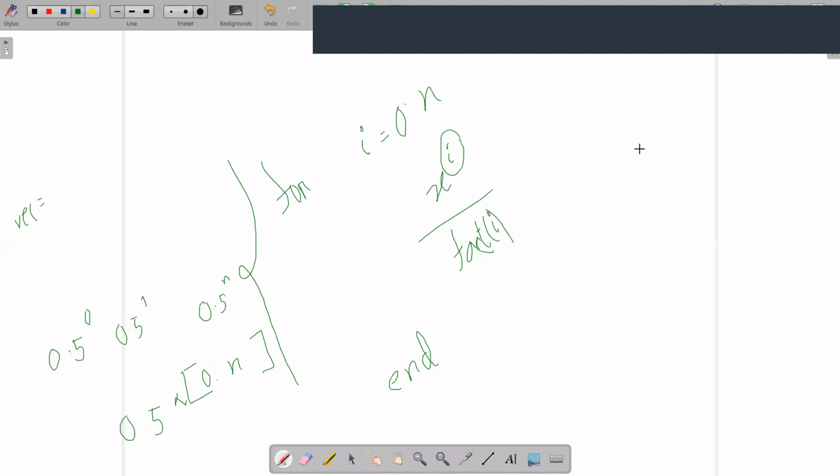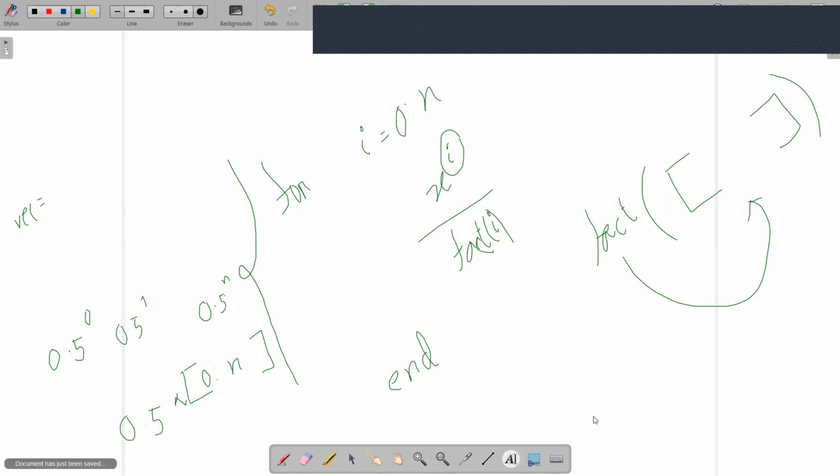Instead of performing factorial of 0, then 1 and 2, one by one, I can place an array inside this factorial function. Then it will perform this operation on each of the elements simultaneously, in parallel. That is known as parallel computation. So let's see how to do that.